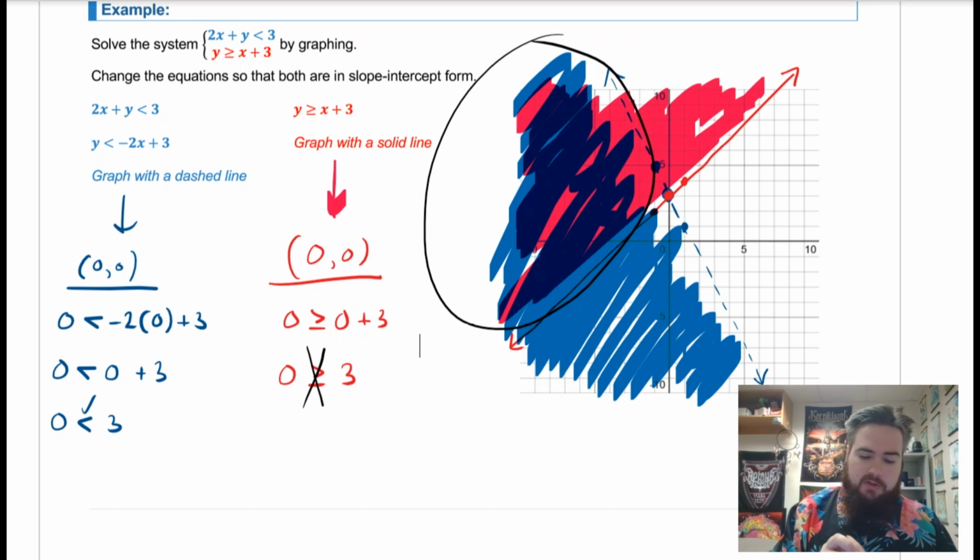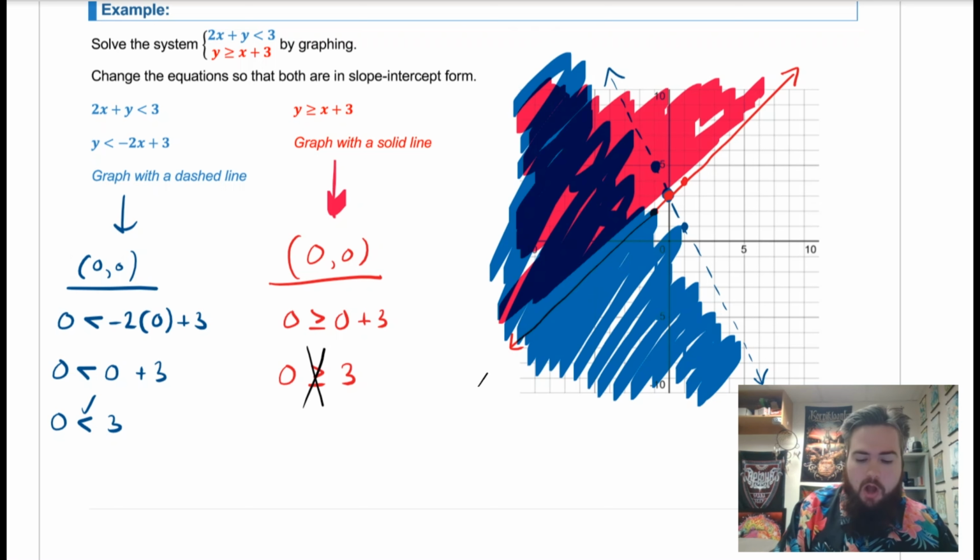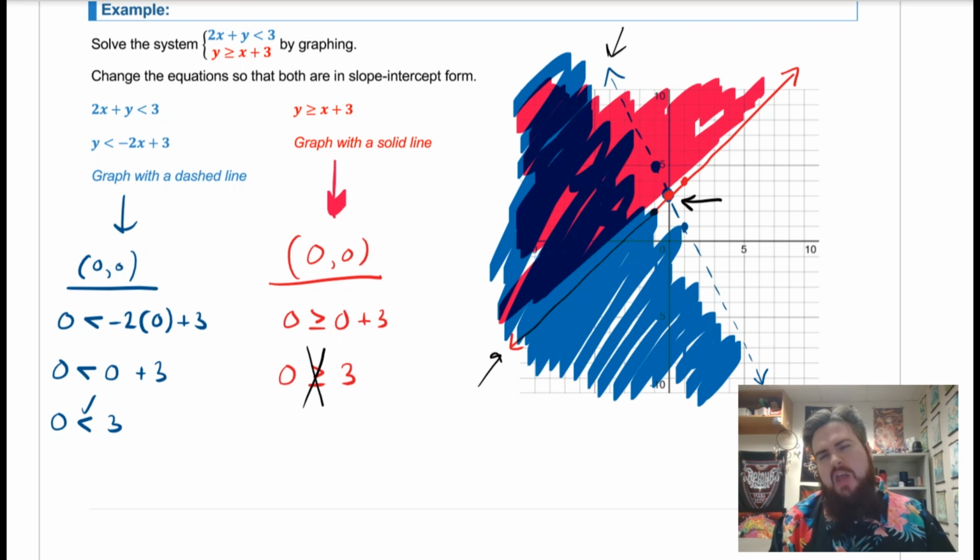Note that this specifically would include values that are on the red line, but not include values that are on the dashed blue line. By the way, this also means that the point where these two intersect there, which is at y equals 3, would not be included because it is on the red solid line, but it technically is also on the dashed blue line, which should not include values. So we do not include that point there where they intersect.